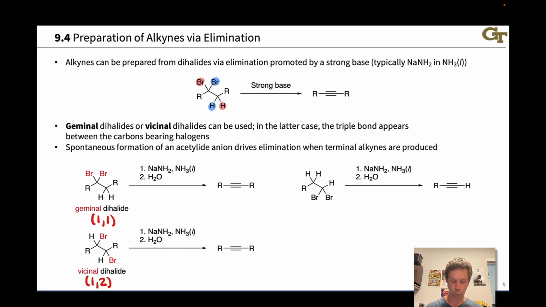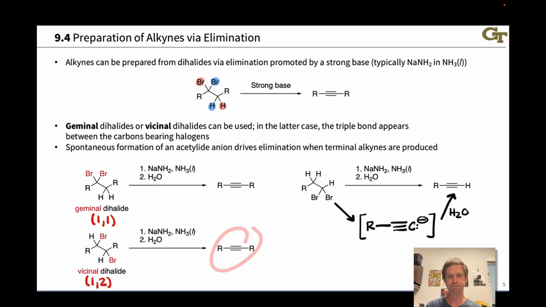Vicinal dihalides, 1,2 dihalides, will eliminate selectively to give an alkyne between the two carbons that are bearing the halogen atoms, since our two sets of HBr in this case are definitively between these two carbons. So vicinal dihalides, which we know how to generate from alkenes using halogenation reactions, eliminate selectively to give these alkynes.